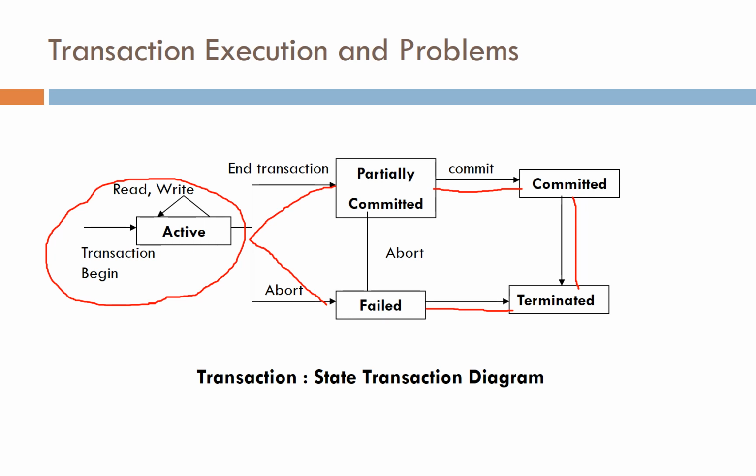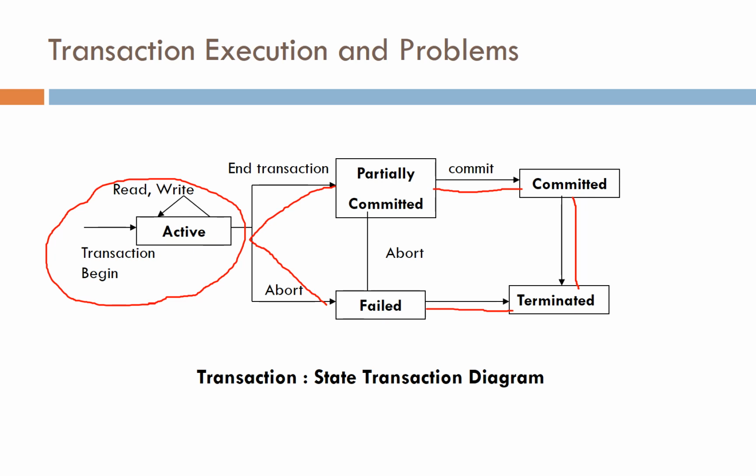In between, the transaction is going to either partially commit and then terminate, or the second way is when it starts from the active state, goes to the failed state and then terminated.